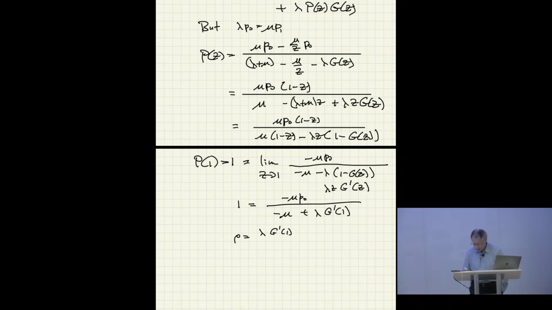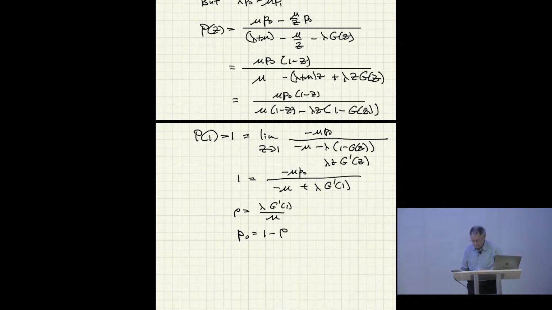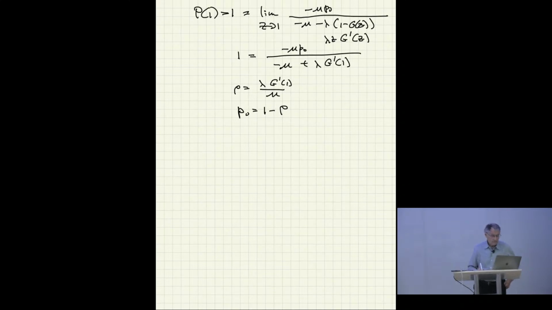That's the average bulk size, over mu. We're going to define it that way. So p0 from this expression above is simply 1 minus rho, as always, where rho is defined above. Okay, so let's finally write out P of z.